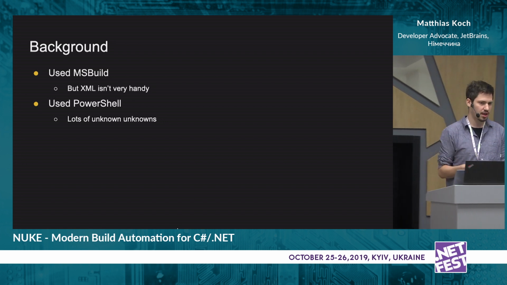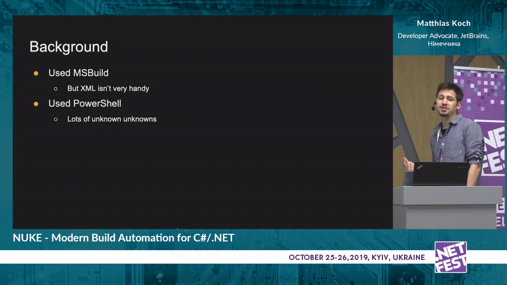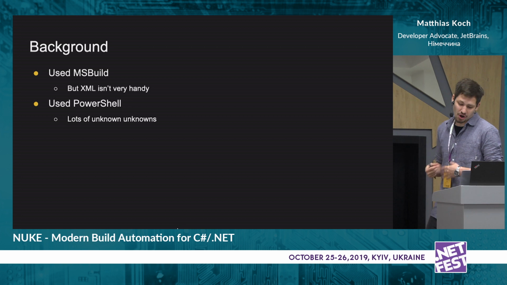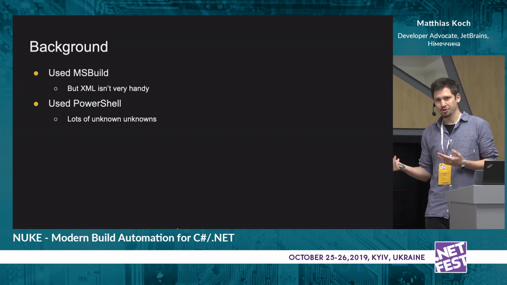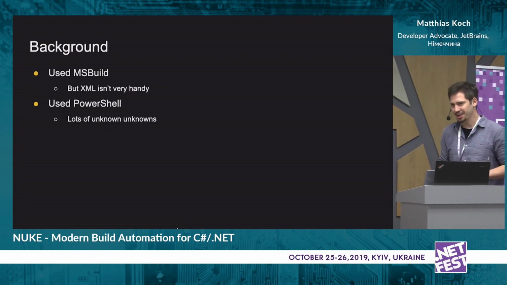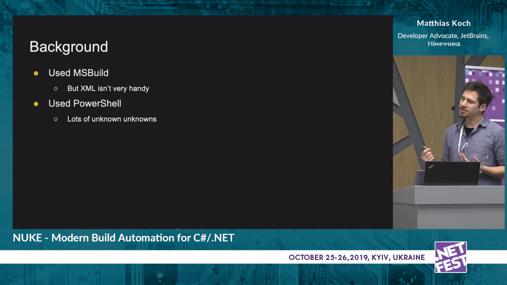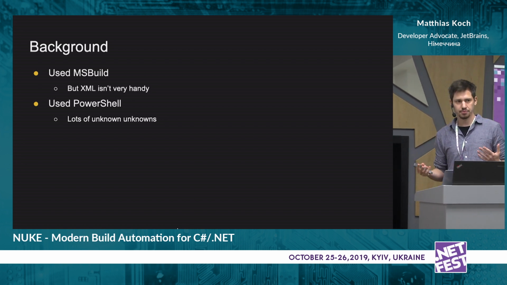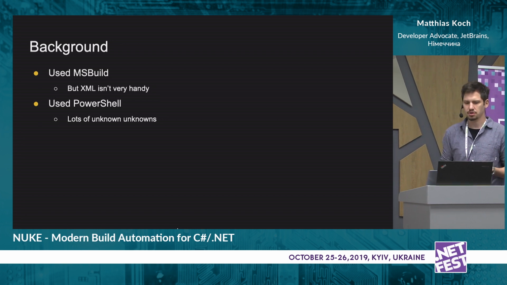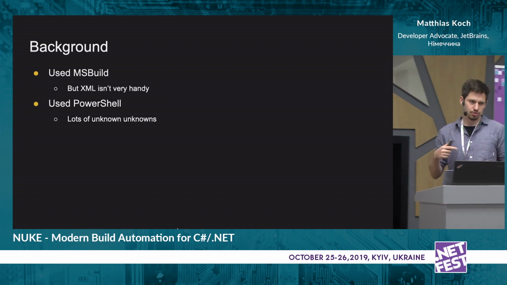For instance, PowerShell has a weird behavior for null comparison. It will also happily convert what you're supposed to be an array to a single item and stuff like that. So those were all surprises, let's say. And it's difficult to adapt that since there are such unknown unknowns. It's complicated to adopt that into your company.